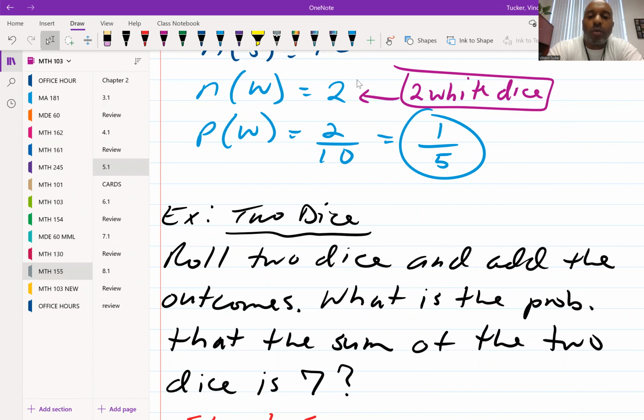All right, so if we roll 2 dice and add the outcomes, what is the probability that the sum of the 2 dice is 7?